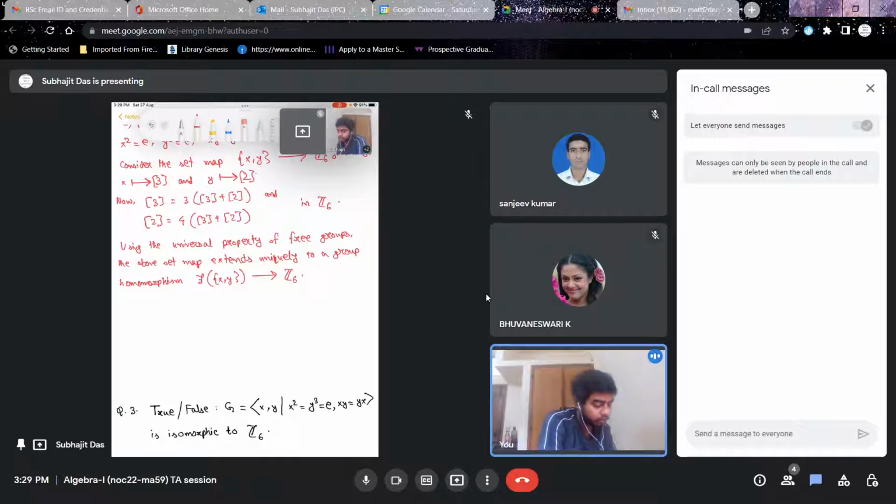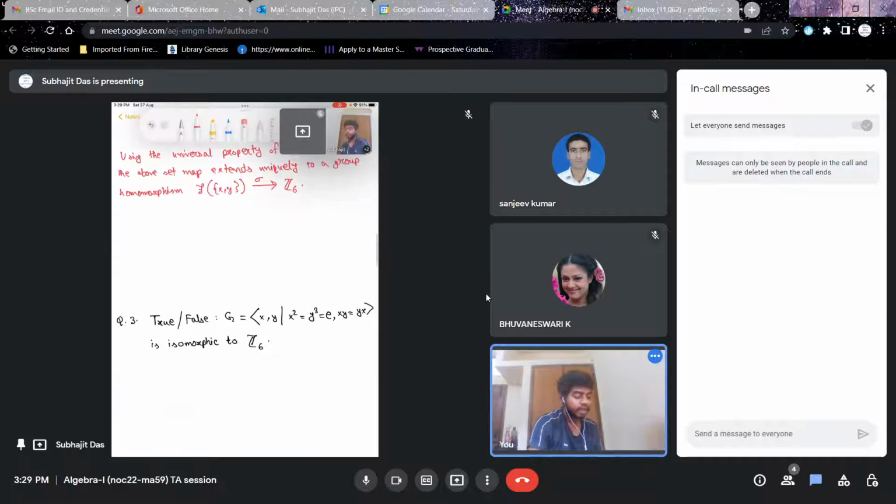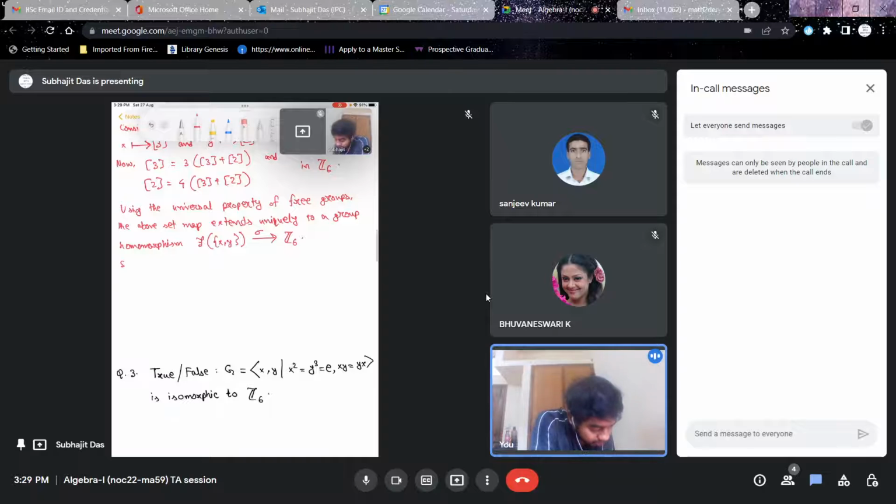We get a unique homomorphism. Let's call this, let's say, sigma now, okay?